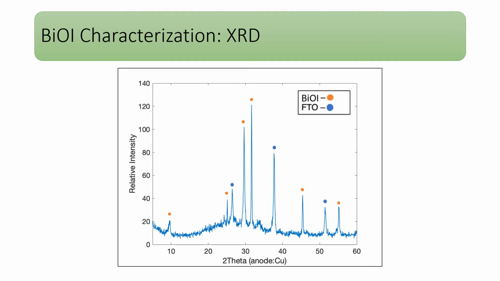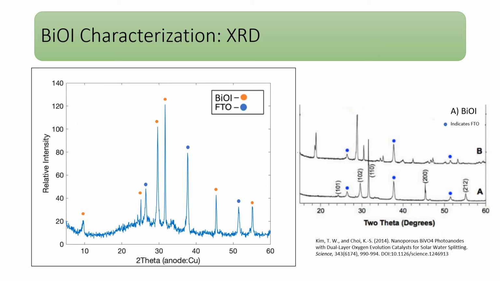As seen in the figure, there were key peaks that indicate bismuth oxyiodide at 2 theta equals 29.7, 31.7, 45.4, and 55.1. When comparing it to some literature, looking at curve A, we can see that the peaks match very well, thus confirming the bismuth oxyiodide.